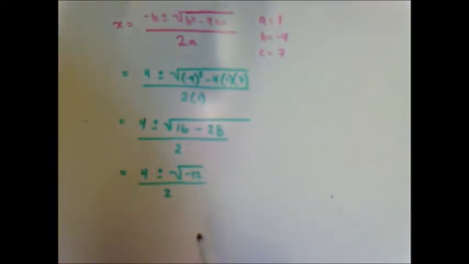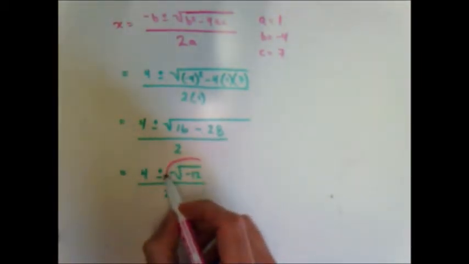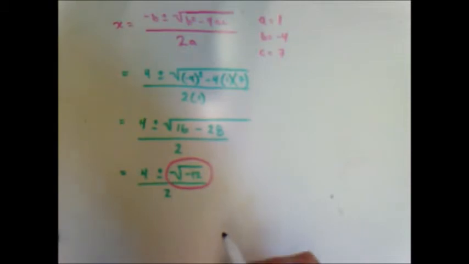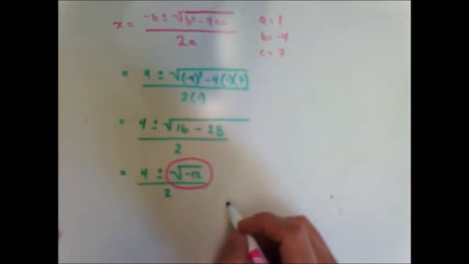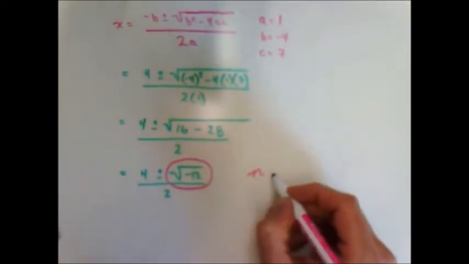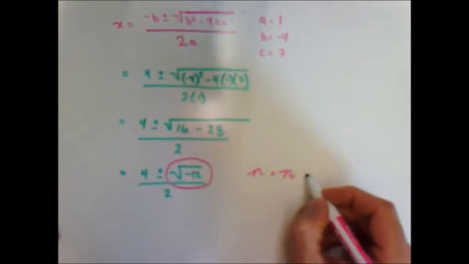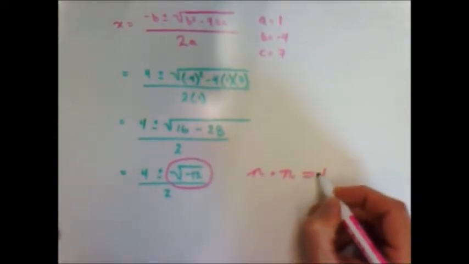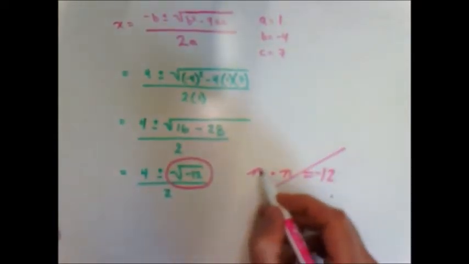You can see under the square root is a negative number. There is no such thing as the square root of a negative number. There is no number whatsoever that can be multiplied by itself to equal negative 12. Can't happen.